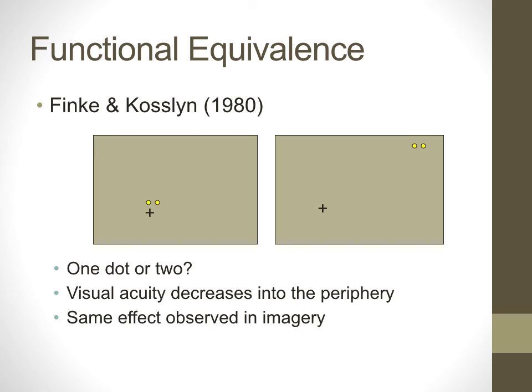But if you're imagining something, you're more likely to see the details in that image that are the closest to you than the ones that are off to the side or in the periphery. So we don't visualize the periphery, just like we have a harder time seeing things in the periphery in real life. Hope that makes sense. Whatever's in your peripheral vision in real life is harder for you to imagine in your brain.